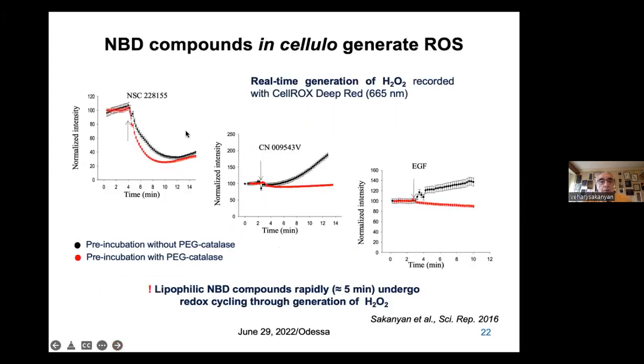Indeed, we use special techniques to follow the formation of reactive oxygen species. You can see here the case of HD2, and in red color, we used PEG-catalase, because PEG-catalase could block the action of the compound and can be used to prevent its further action.